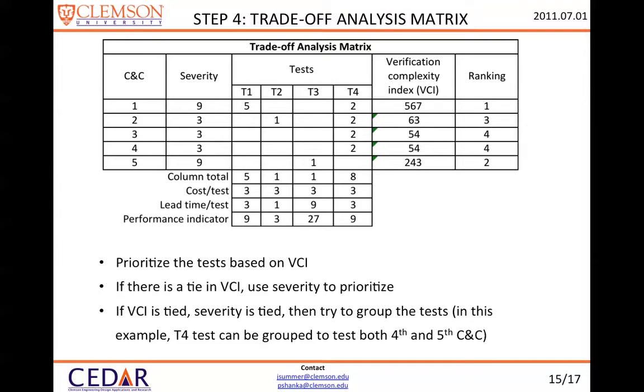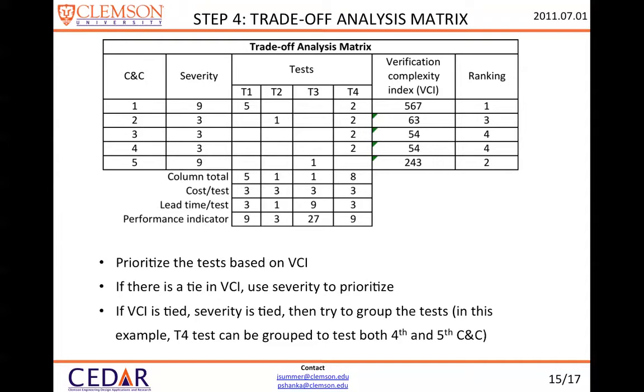It's obviously less than T4. So my first priority of the test is T4, followed by T1, and the third is T3, and the fourth is T2. So this matrix helps us to prioritize our tests and also to do trade-off analysis, like where I can combine and where I can eliminate.